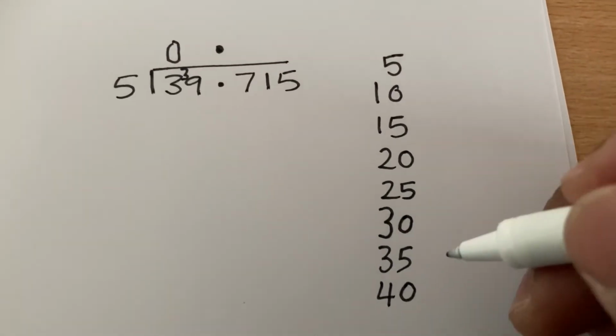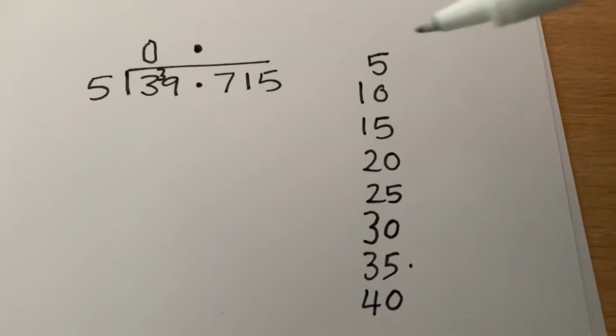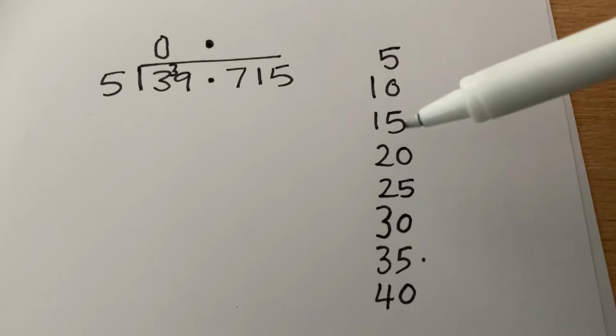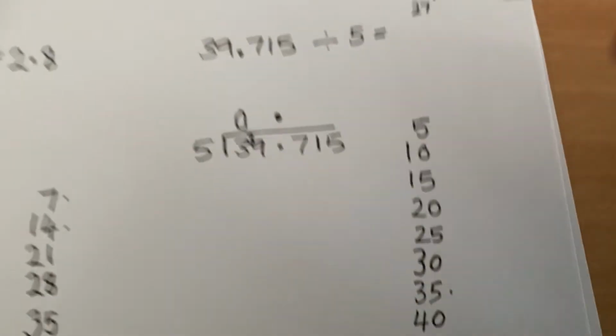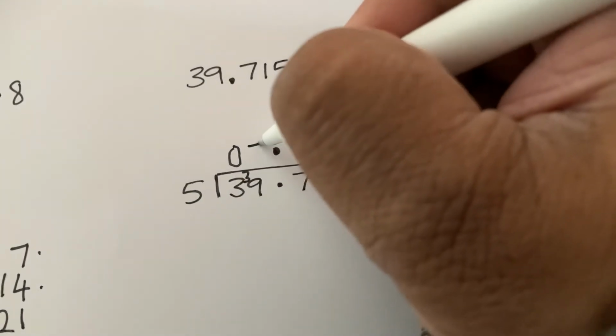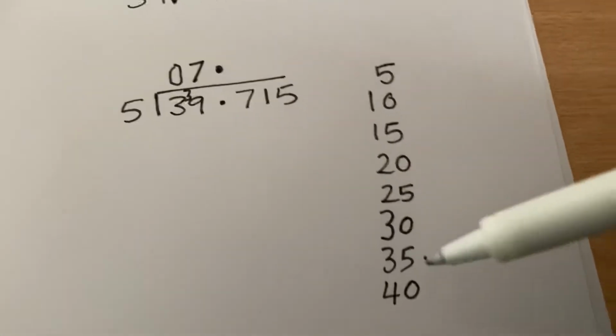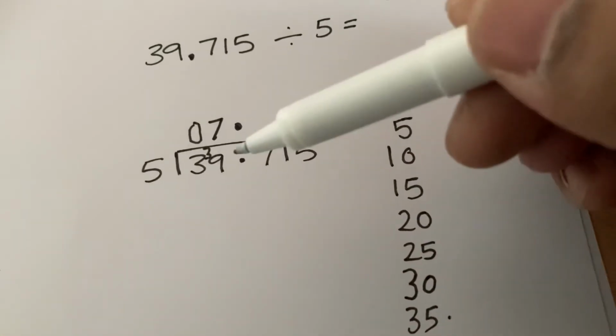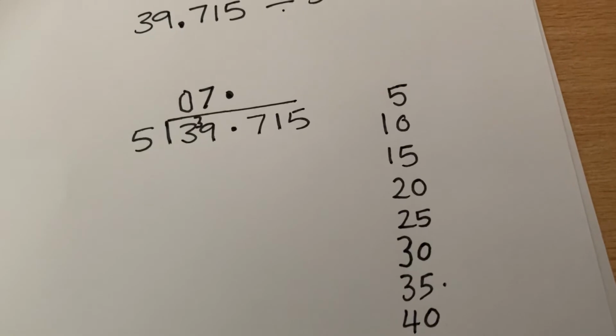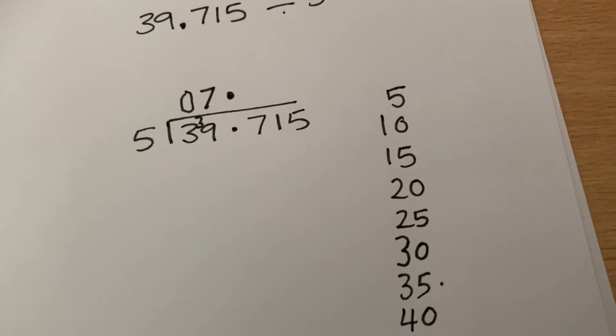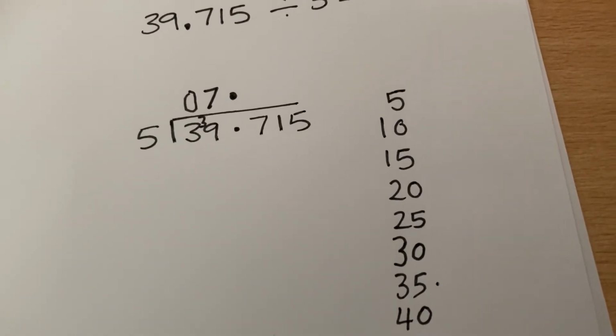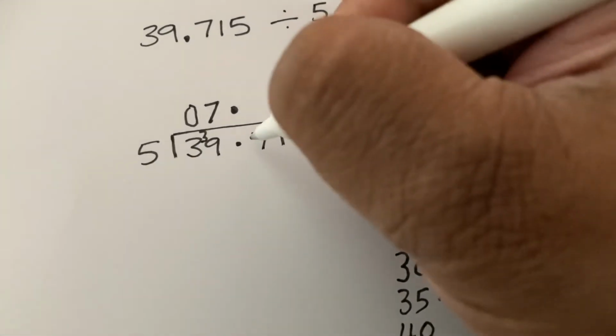Yes, we need to stop at 35. So how many 5s is that? 1, 2, 3, 4, 5, 6, 7. 7 lots of 5s in 39. And from 35, you want to count on to 39. 35 in my head, and then it's 36, 37, 38, 39. That's 4. So we carry the 4 on.